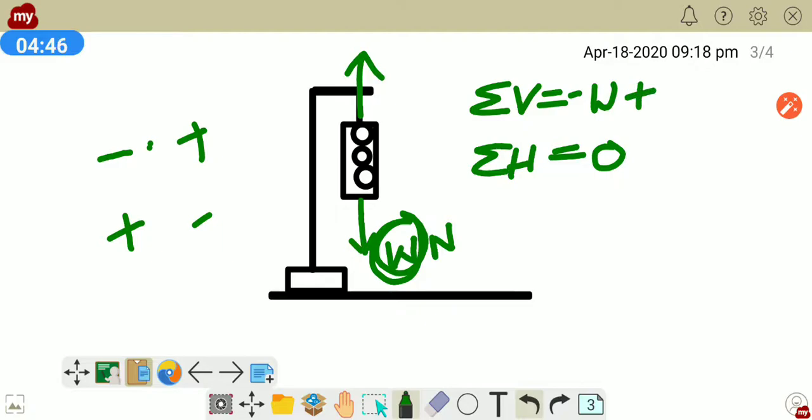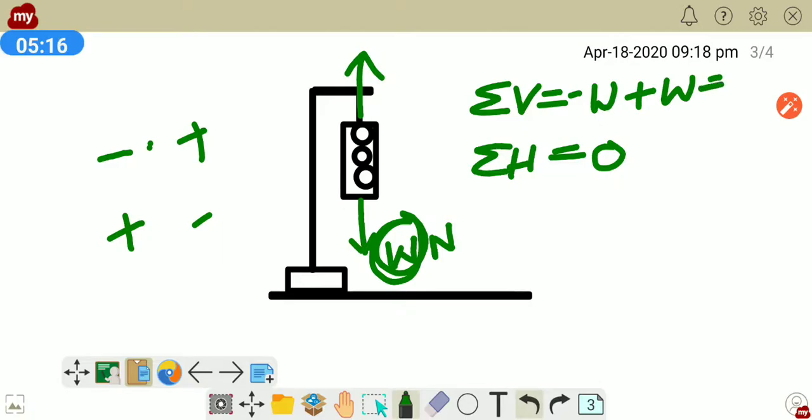Now I'm adding up all the vertical forces, right? A vertical force of W newtons, which is the weight of the lamp, is acting vertically downwards, and the force with which the string is trying to pull the lamp in the upward direction is the same as the downward force. So this is another W. And what is the summation of minus W and plus W?